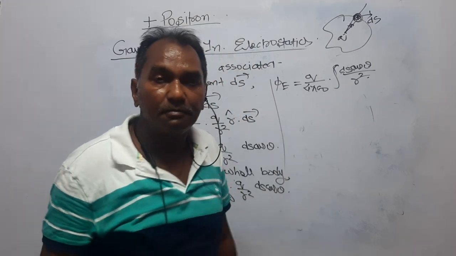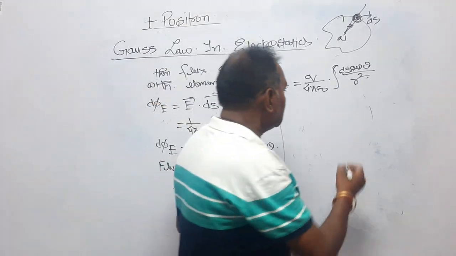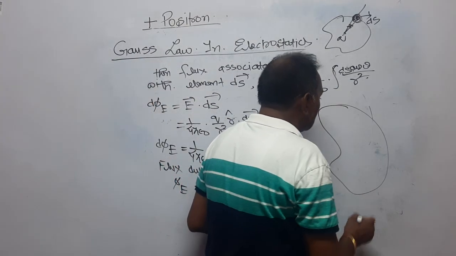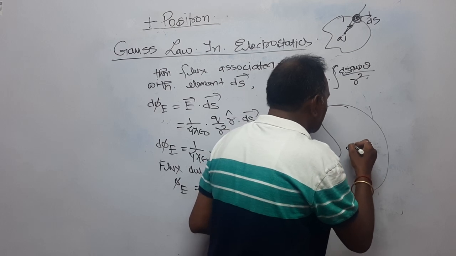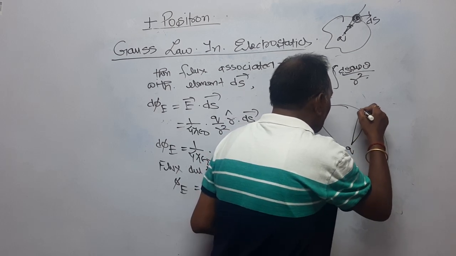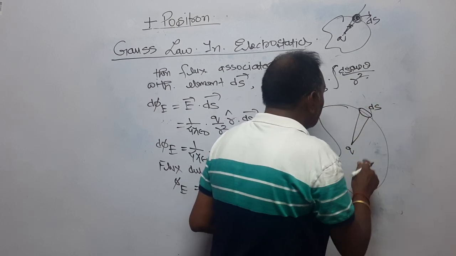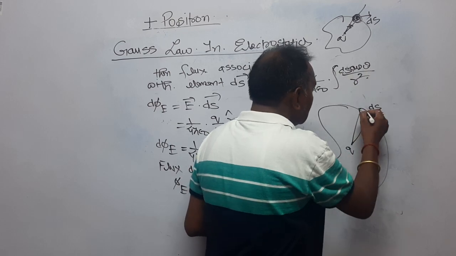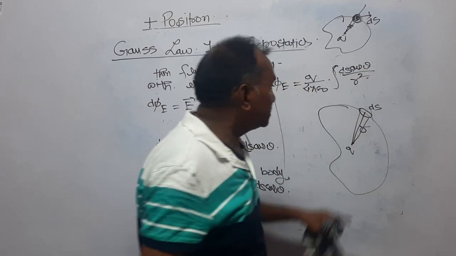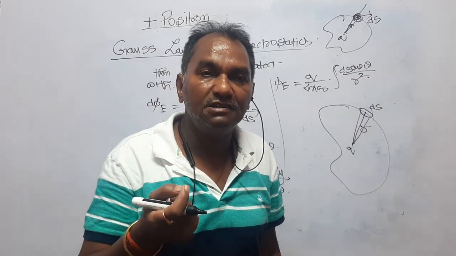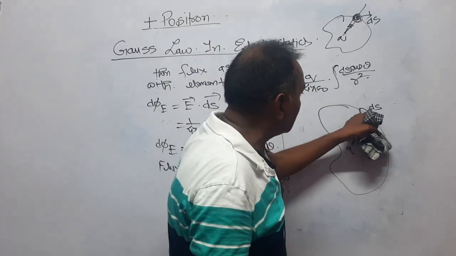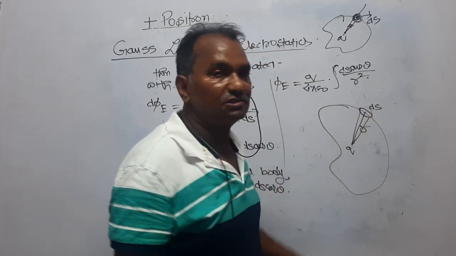This is an irregular body. Here is a charge q kept, and this is a small element ds, and this is r. Dear student, ds cos theta upon r square is the solid angle subtended by area element ds at charge q.